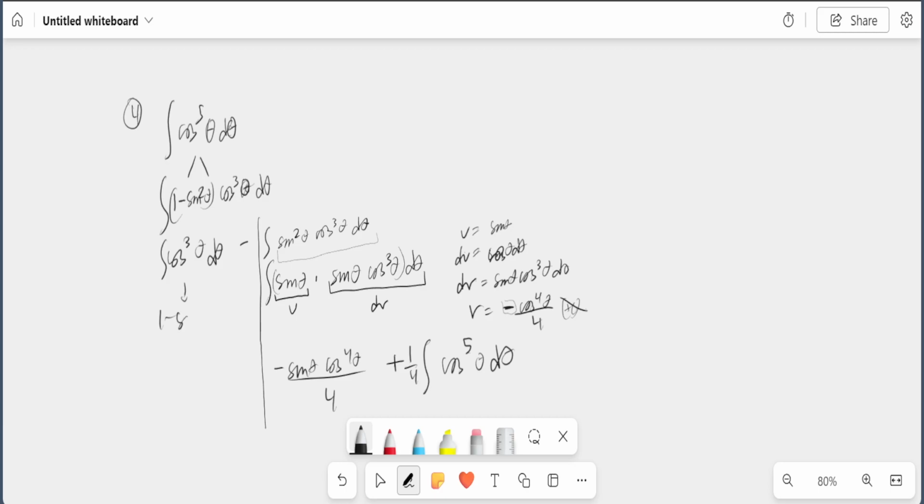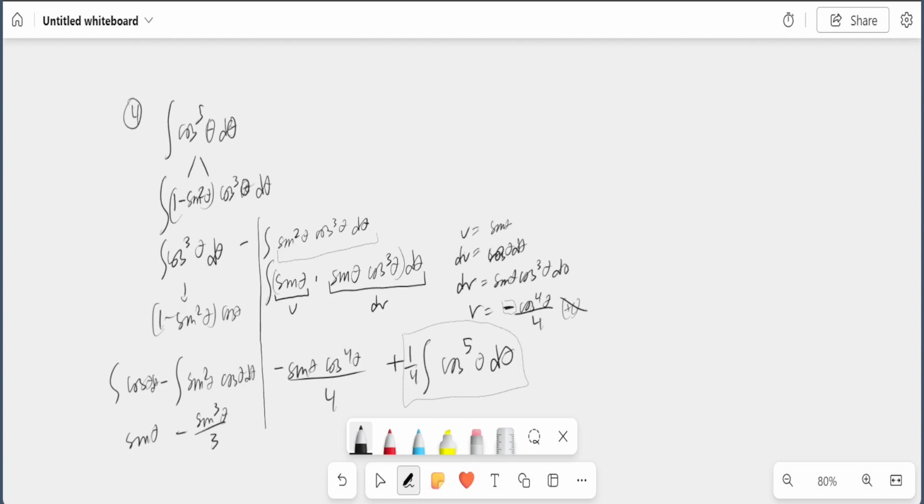Let's just do 1 minus sine squared theta cosine theta. So that's cosine theta minus sine squared theta cosine theta. Makes sense? And then that becomes sine cube theta over 3, and sine theta.